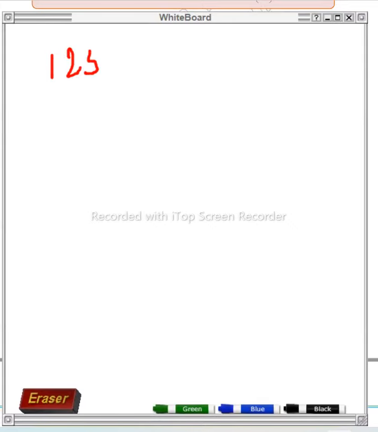We are asked to show that 125 to the power of 1 over 3 is equal to 5. 125 is 5 to the power of 3, because 5 times 5 is 25, and 25 times 5 is 125.